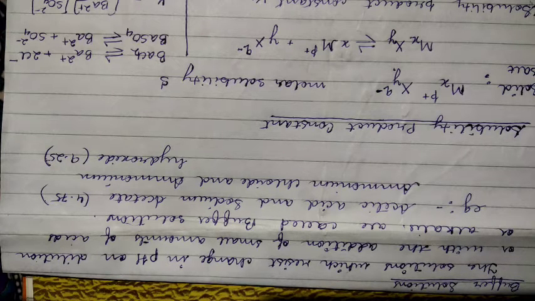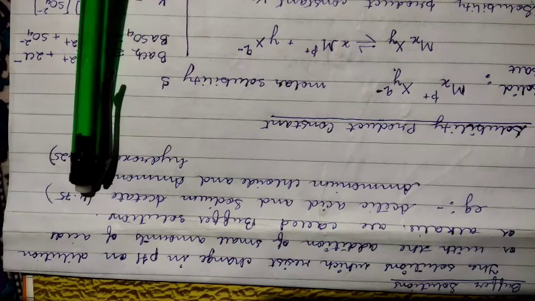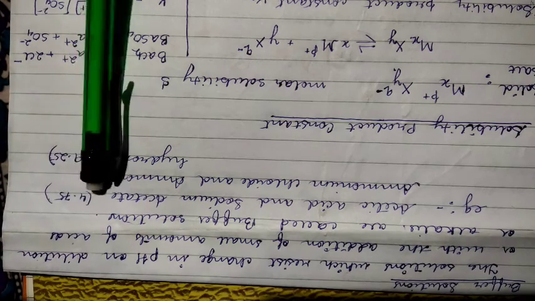The second example is if you mix ammonium chloride and ammonium hydroxide in such a proportion that the pH is 9.25. This is a basic substance. 4.75 is an acidic substance.